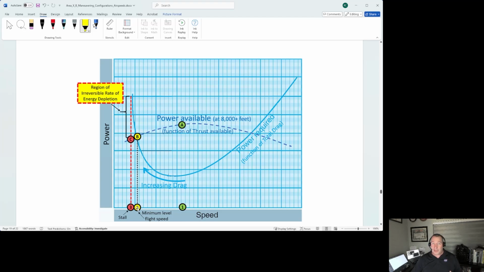So you can always control things with pitch, but between B and C, you can't control things with throttle. That's the big takeaway: the region of irreversible rate of energy depletion. Because of that high drag, your energy is going to go away and the airplane is going to stall unless you act immediately.